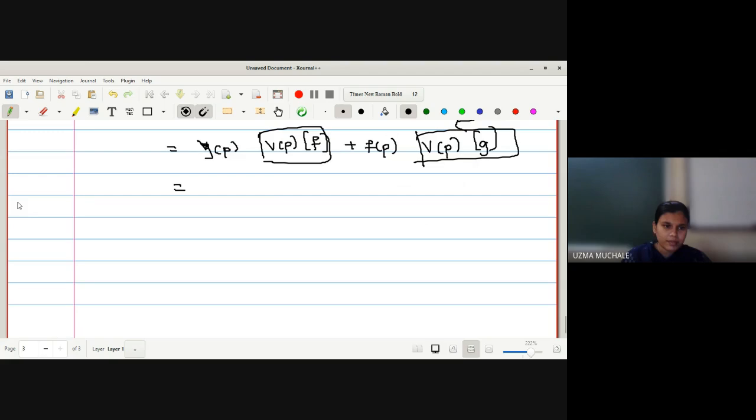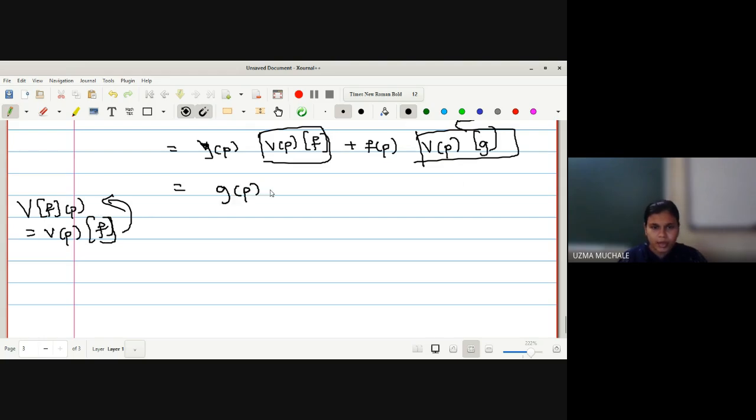Again I will write once again, so that you always remember: directional derivative of function f on a vector field can be written as vp f. Now I have to apply it in a reverse way. So what will be the result? It is vf at a point p.